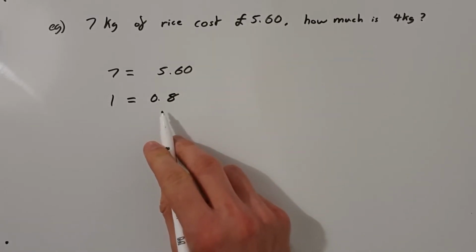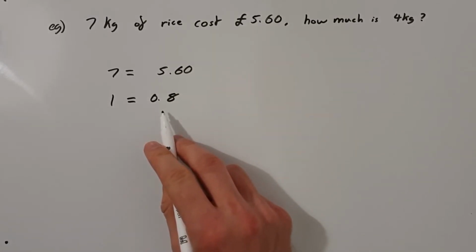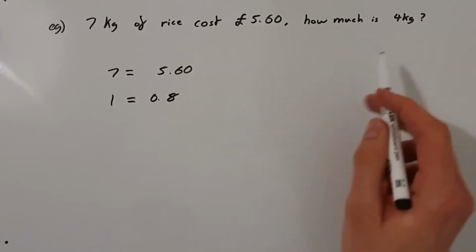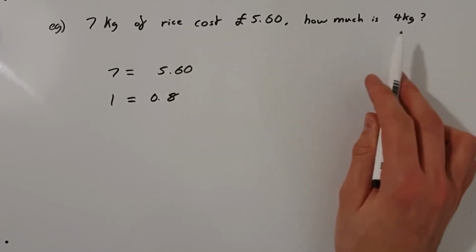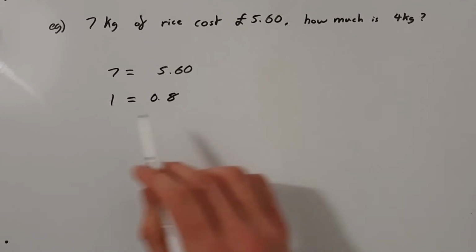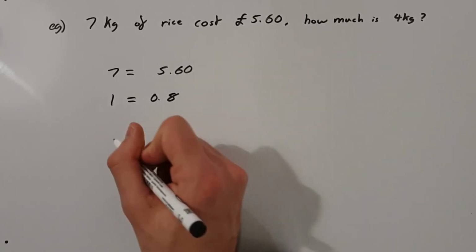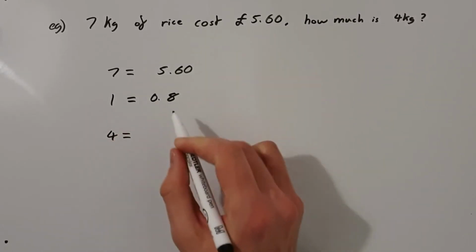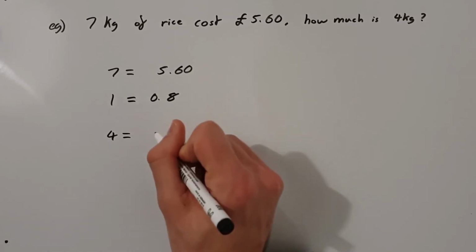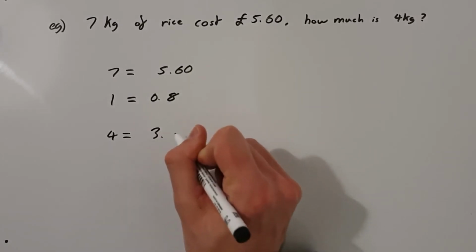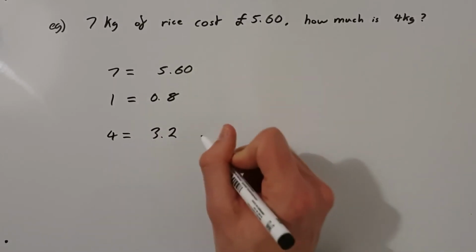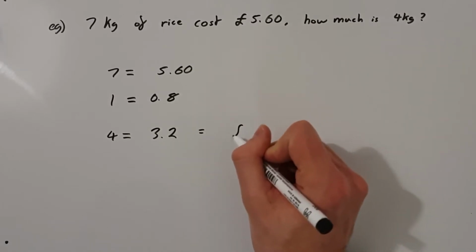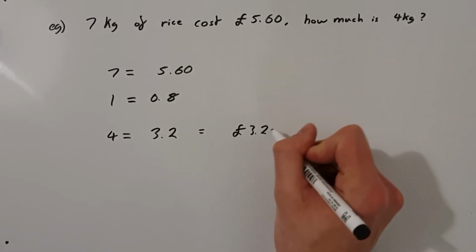Now that we have our one part, we can multiply this to find however many we want. In this case, we want to find 4 kilograms. So we times this by 4, and that will give us 3.2, or in this case, £3.20.